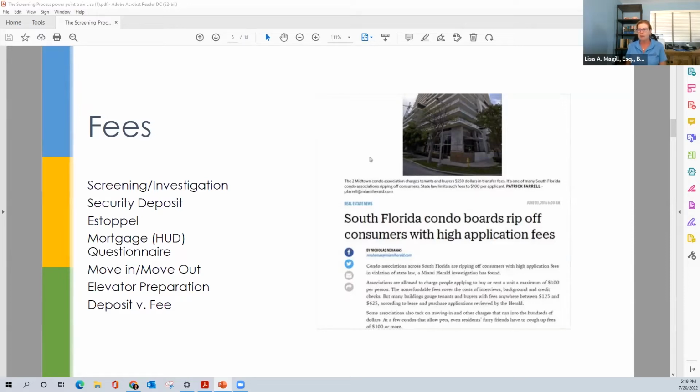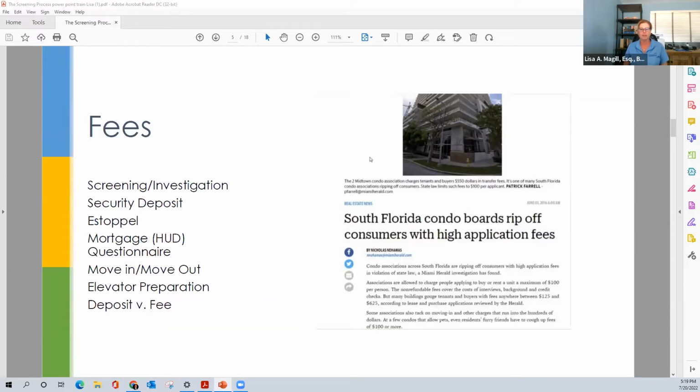Move in, move out fees. Fees generally are not applicable for move in, move out. Generally, you're going to have deposits, but there has to be some authority for it. Same thing with regard to the preparation of the elevator and other expenses that you may incur. Sometimes fees are appropriate, sometimes they're not.